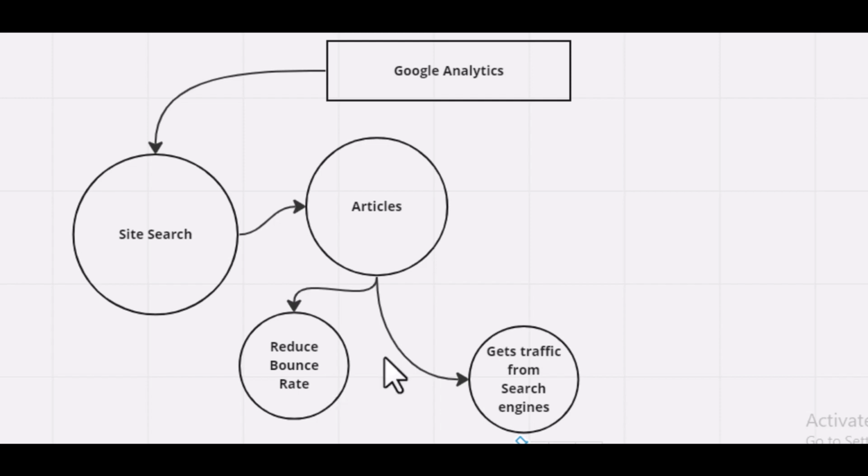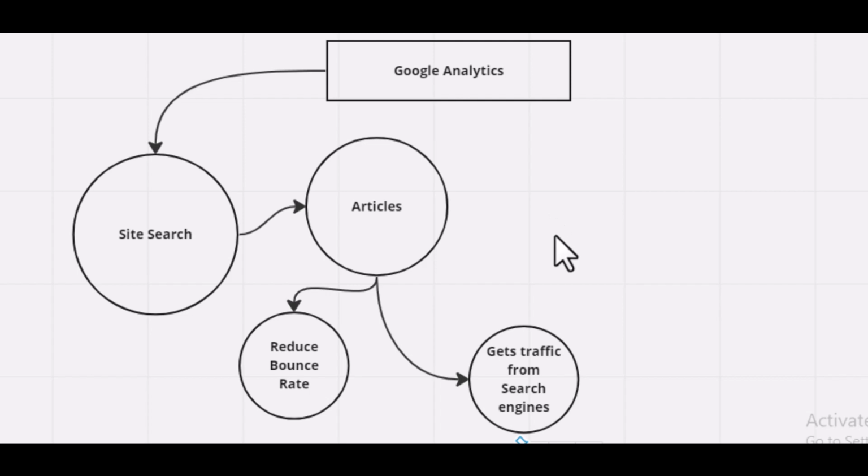Then the second thing is, after writing the article and the article gets indexed, this article will help you to get traffic from search engines like Google, Bing, and other search engines. So this is how Google Analytics is going to help you to increase the traffic to your website.